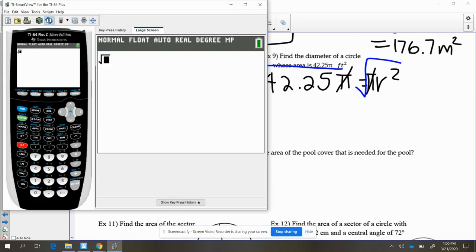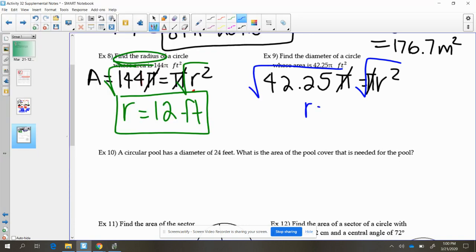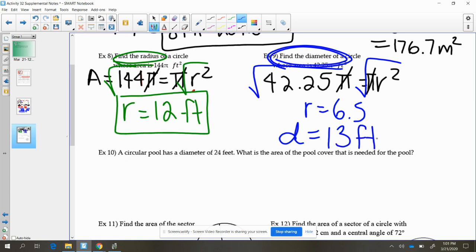Second, x squared 42.25. Our radius is 6.5. Now we have to be careful though, because always read the question. We want our final answer to be the diameter, so we're going to need to double that radius value to get our final answer for the diameter.